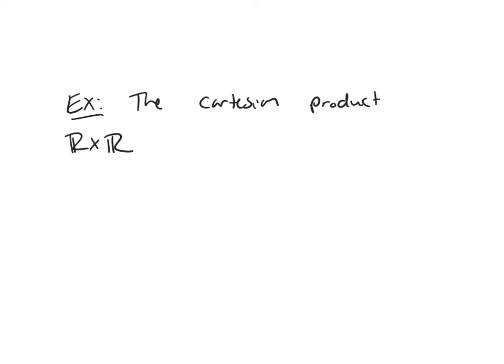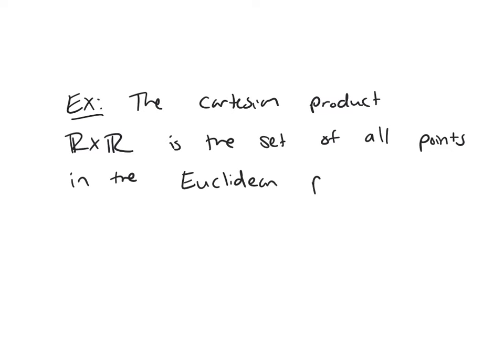So let's look at another example involving Cartesian products. If I take the Cartesian product R cross R, so remember R represents the real numbers, this is the set of all points in the Euclidean plane, which is our two-dimensional space, if you want to think about it like that.